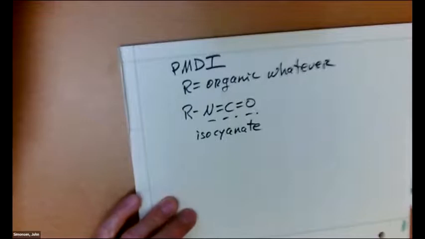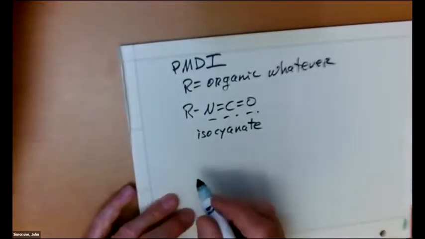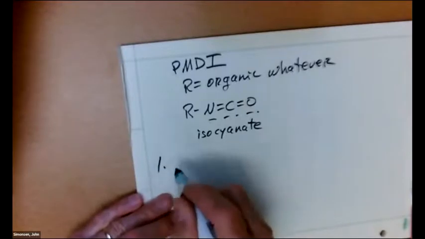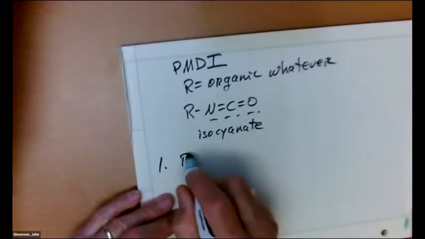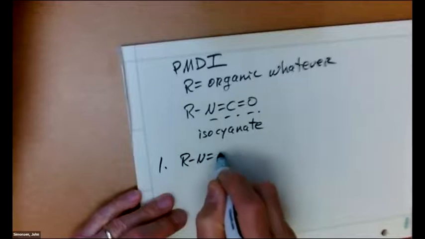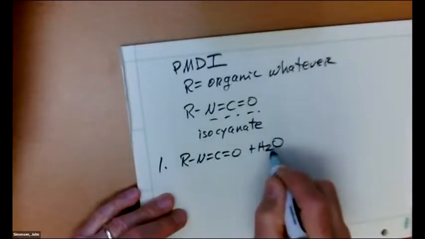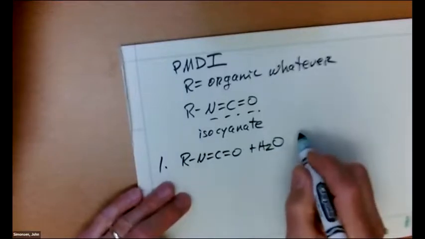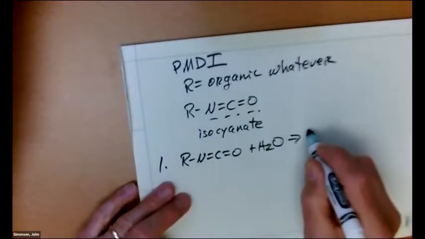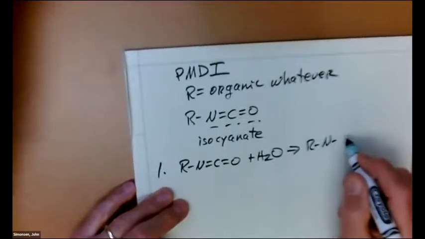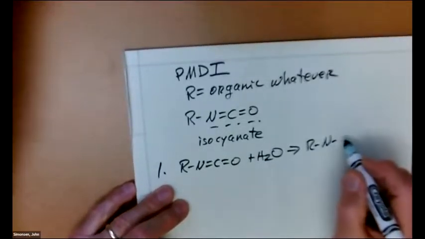Okay, so what happens here is it still is two steps, right? So the first step, you have your isocyanate, and generally it reacts with water. And when this happens, you get this compound.